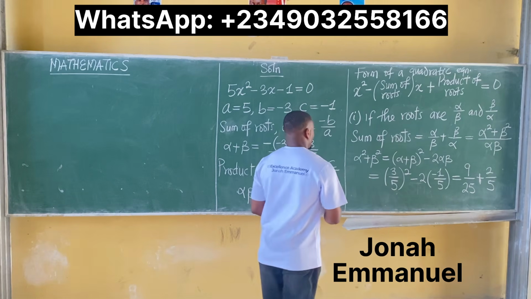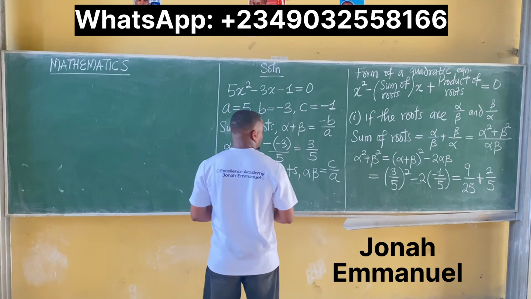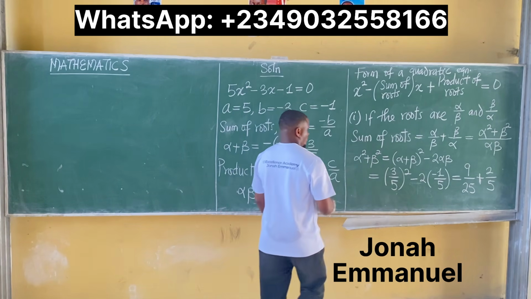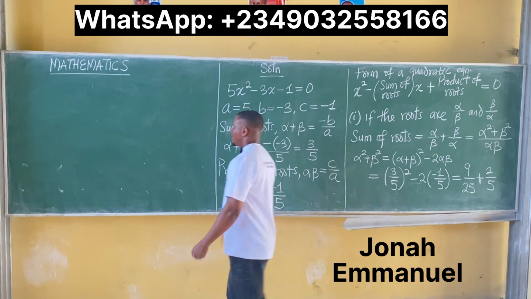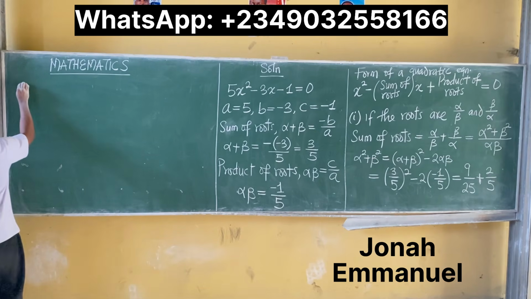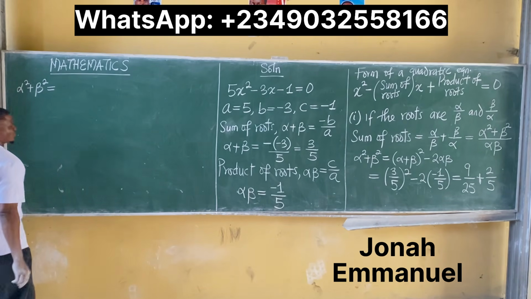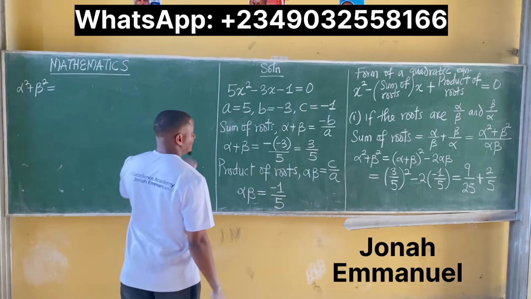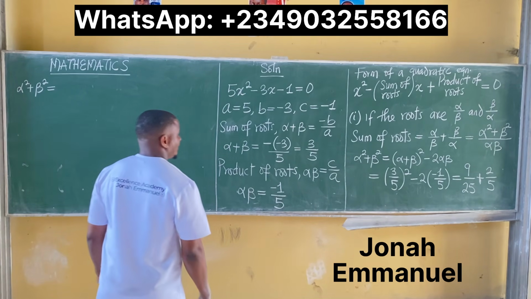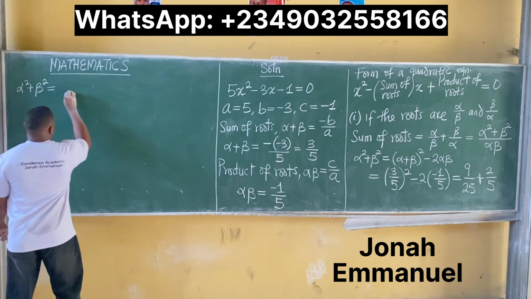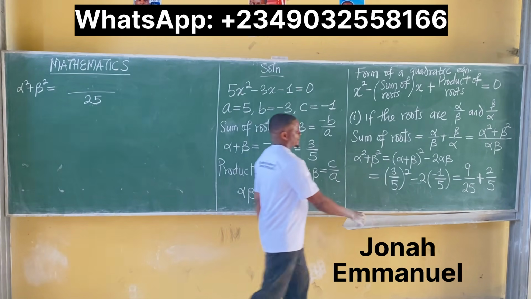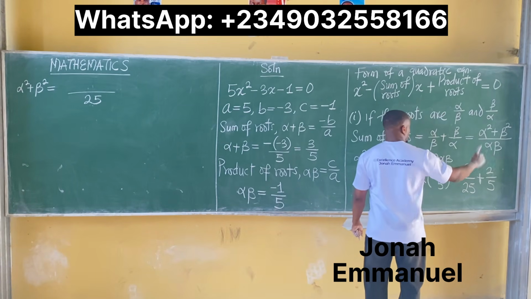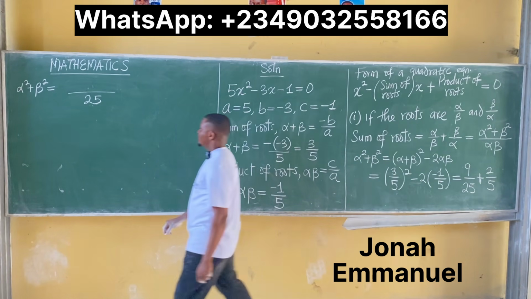Let's simplify this. So we'll have that alpha squared plus beta squared is equal to, what do I have there? The LCM of 25 and 5 is 25. 25 divided by 25 gives you 1. 1 times 9 gives you 9.